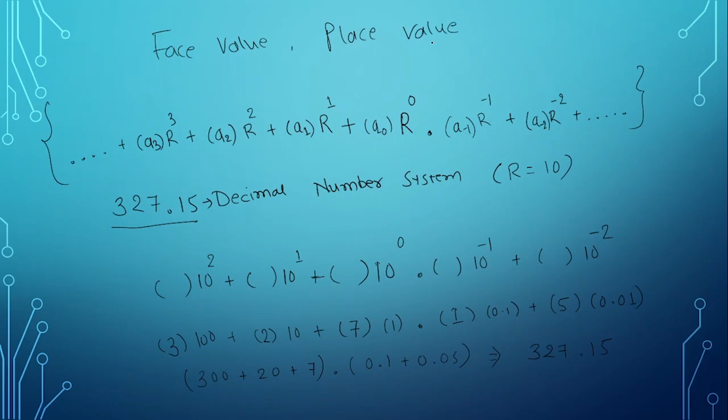But the concepts of face value and place value come from this formula. So the most important thing of today's lecture is the formula which governs the formation of any number in any number system, for different kinds of number systems and their characters along with their radix.